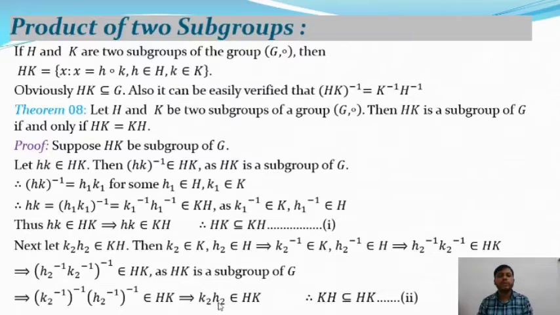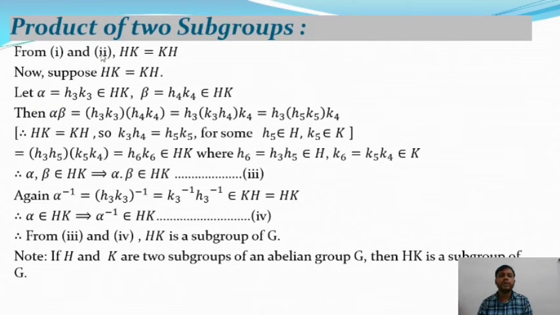Therefore k2 h2 belongs to HK. Thus k2 h2 belongs to KH implies k2 h2 belongs to HK. That is, KH is a subset of HK, and we write this as equation number 2. So from equations 1 and 2 we conclude that HK is equal to KH.